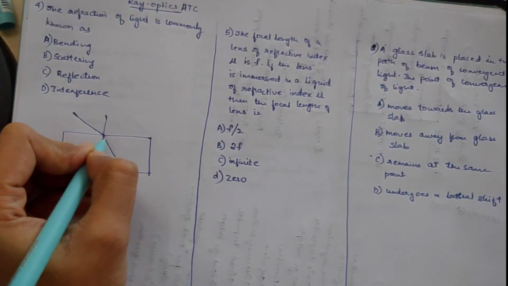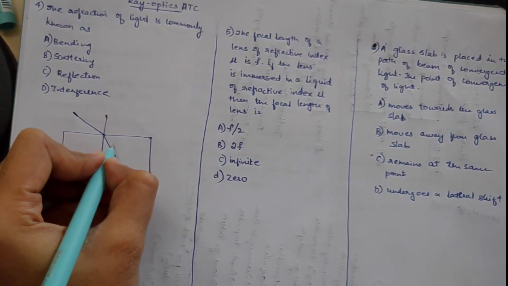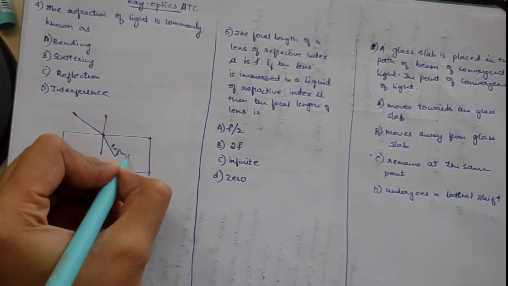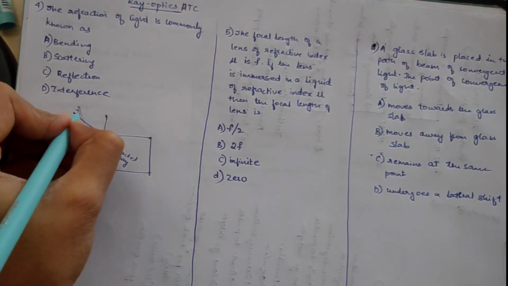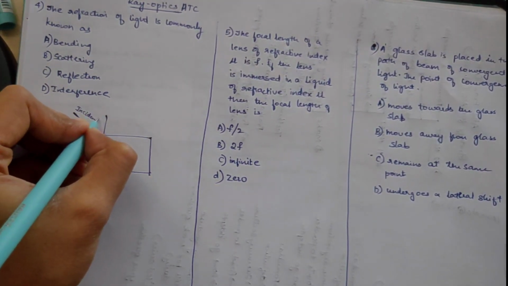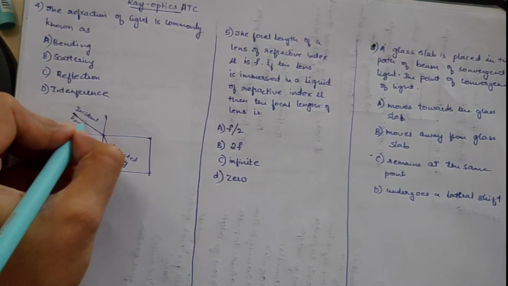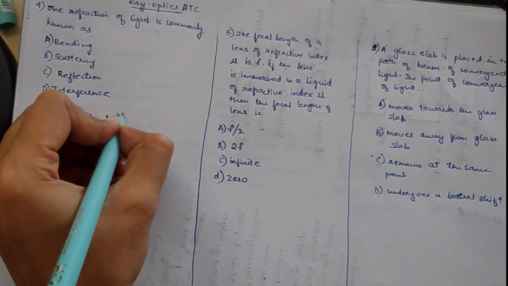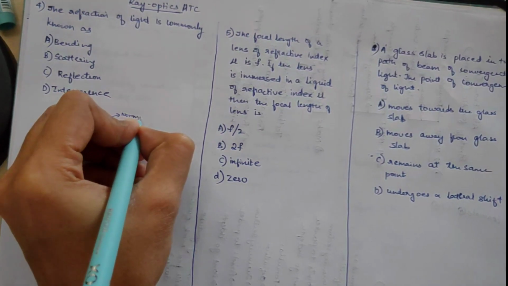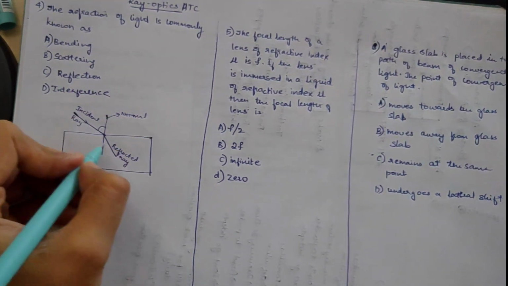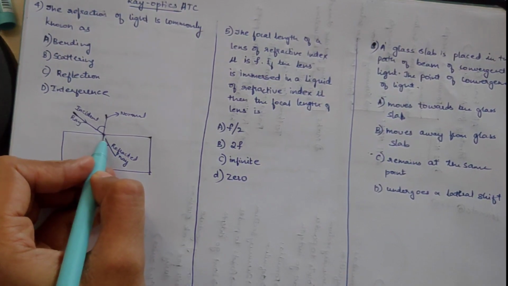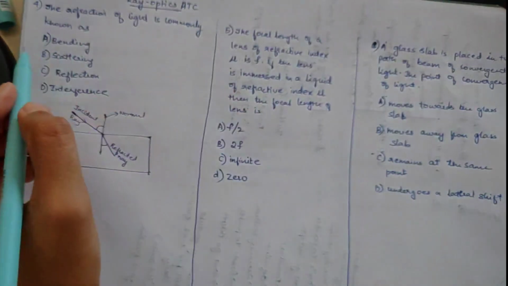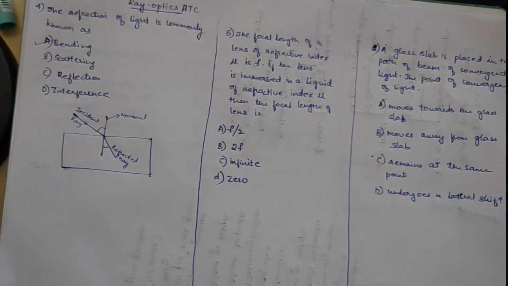So there is actually a bending happening here, right? So this is your refracted ray. And this one is your incident ray. This one is your normal. And this is the angle of incidence, this is angle of refraction, right? So what is happening here? It's basically bending. So the refraction of light is commonly known as bending.